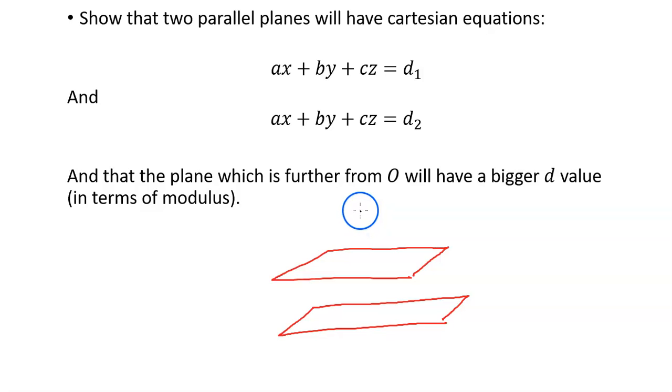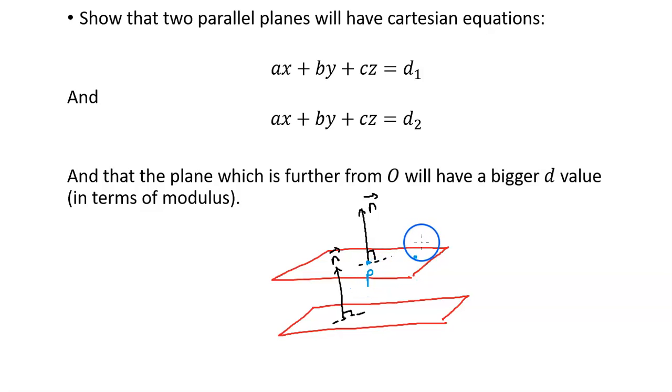Then, if the vector n is normal to one of them, then it's also going to be normal to the other one. In fact, that's pretty much the definition of parallel planes there.